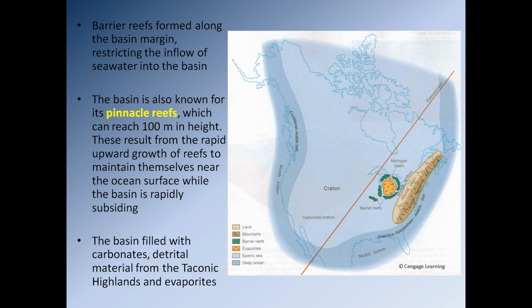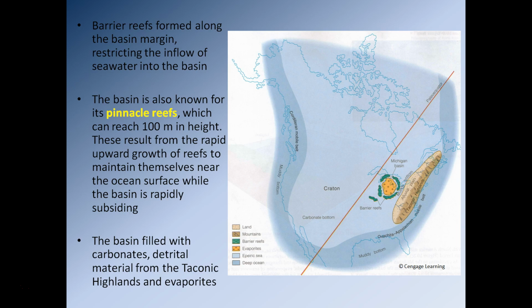So the reefs within the Michigan Basin form these very large columns, which we refer to as pinnacle reefs, because they are growing upwards very quickly. They form a very distinct columnar form, and some of them can reach up to 100 meters in height. That's showing you that the basin is subsiding, a good indicator that the floor of the Michigan Basin is dropping down.